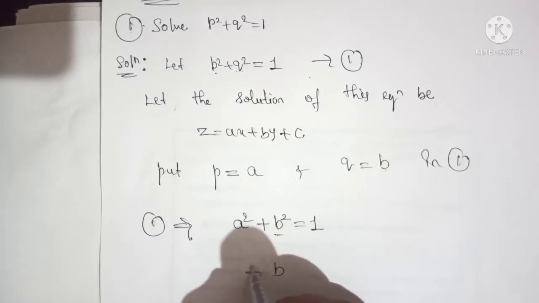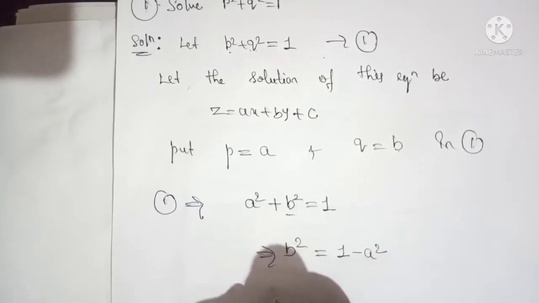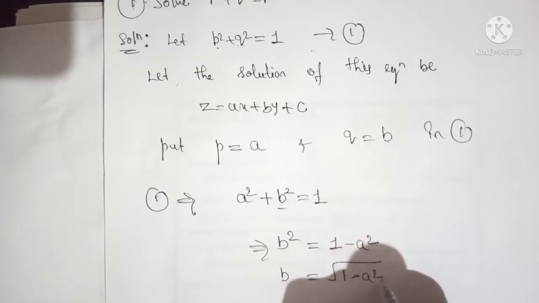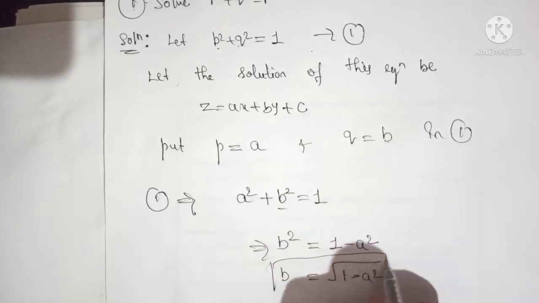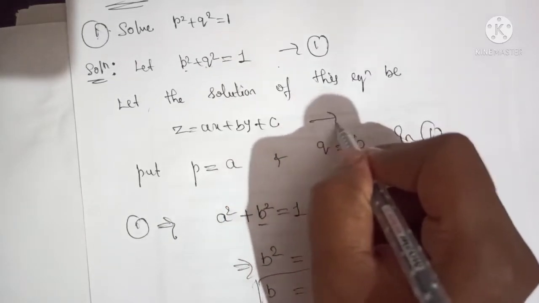So separating this B, we get B square is equal to 1 minus A square, or B is equal to square root of 1 minus A square. Now substitute this B value in the solution, or you may consider this as equation 2.